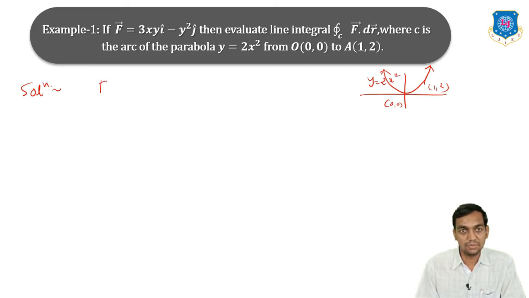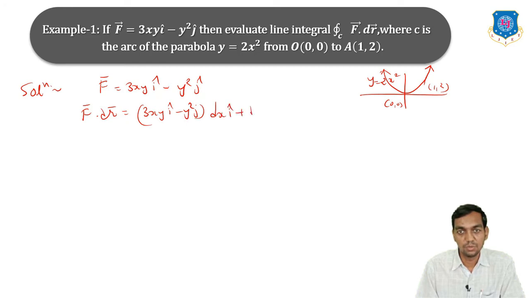Now, f bar is 3xy i minus y square j, and therefore f dot dr is equal to (3xy i minus y square j) dot (dx i plus dy j), and that will give you 3xy dx minus y square dy. But you have been given the curve equation.